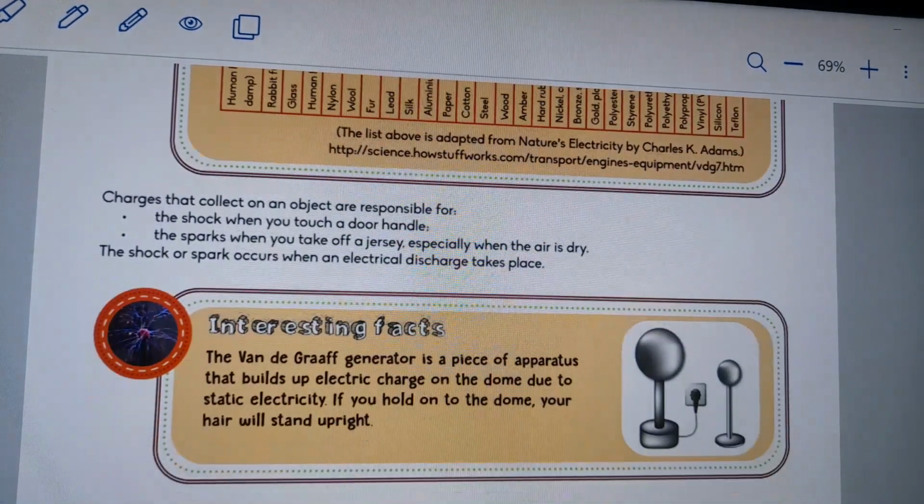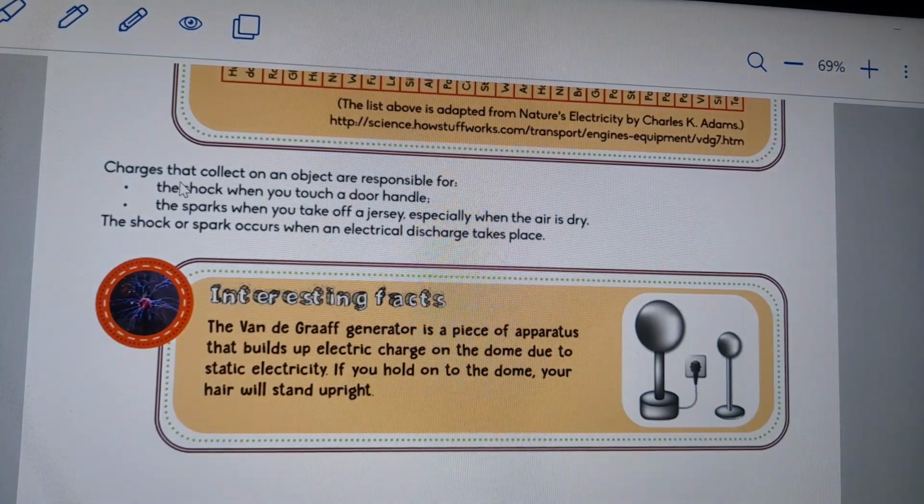Okay, and then they say that charges that collect on an object are responsible for the shock when you touch a door handle, and the sparks when you take off a jersey, especially when the air is dry. The shock or spark occurs when an electrical discharge takes place.